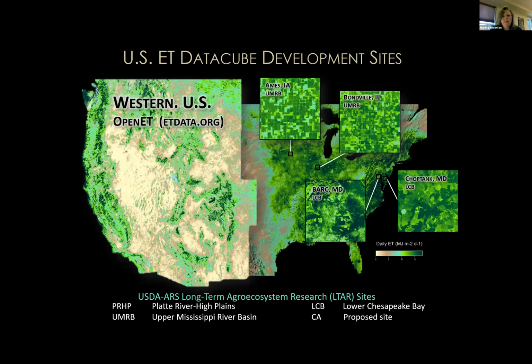OpenET is a collaborative effort. It involves a number of federal institutions, USDA, NASA, USGS, also working with some academic institutions and some not-for-profit organizations.